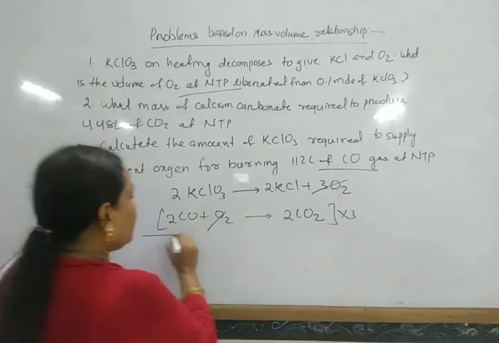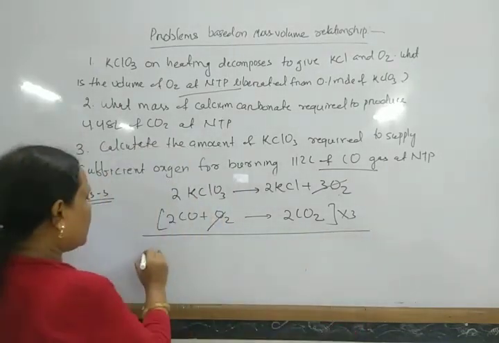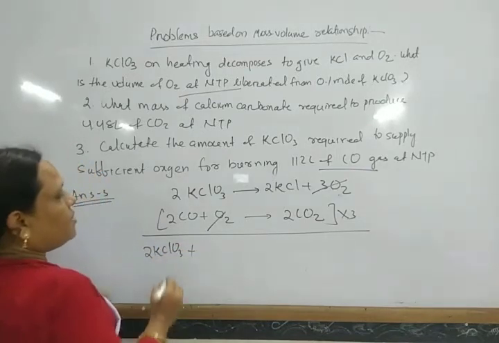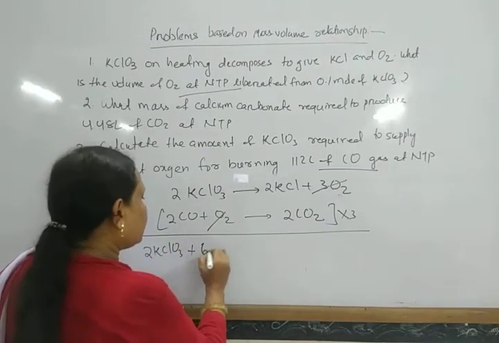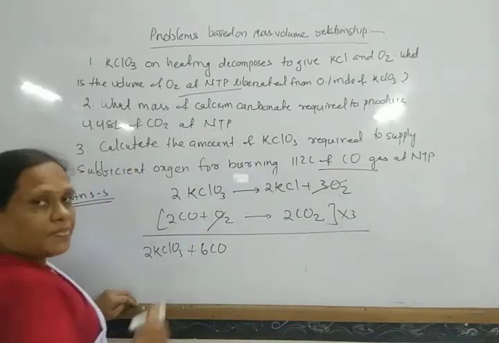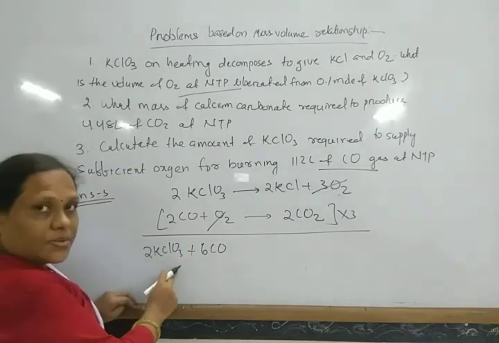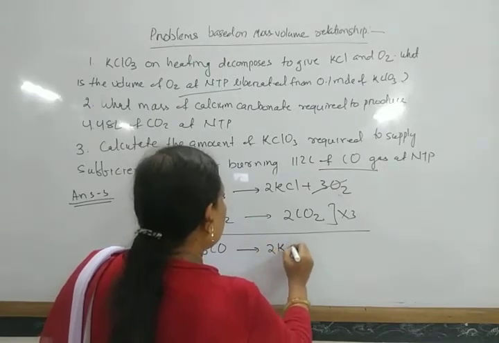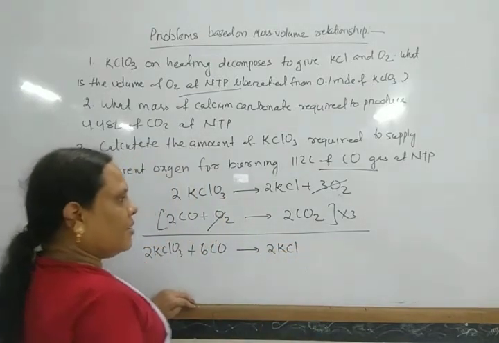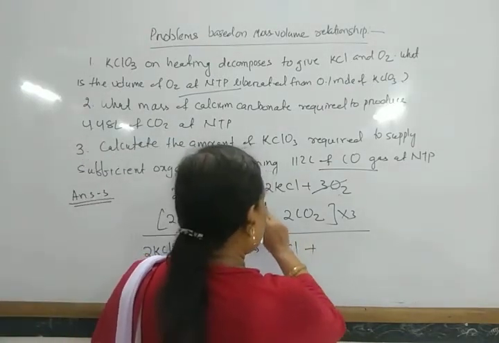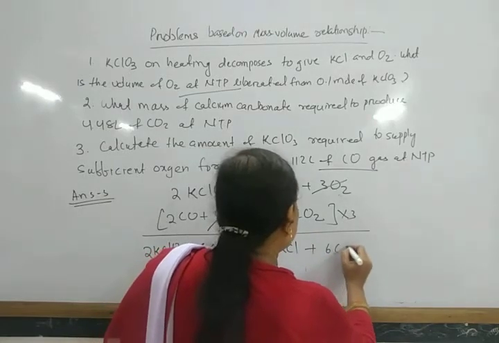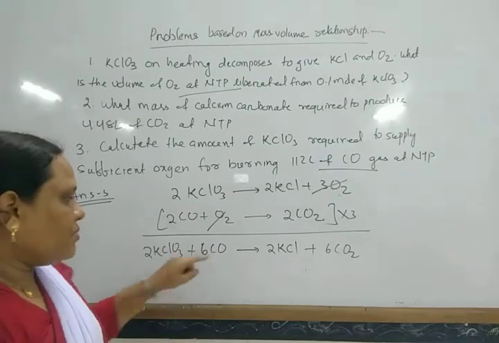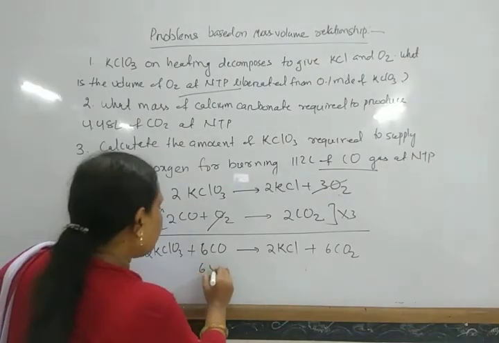In this way, the overall equation is 2 KClO3 plus 6 CO gives 2 KCl plus 6 CO2.